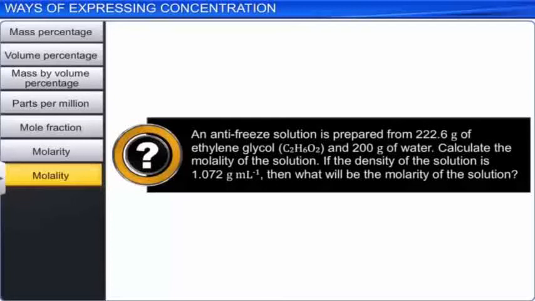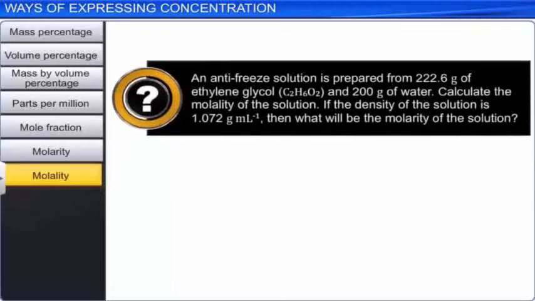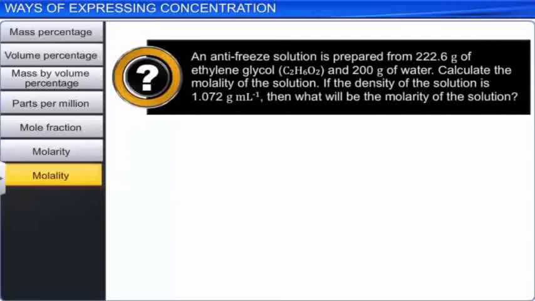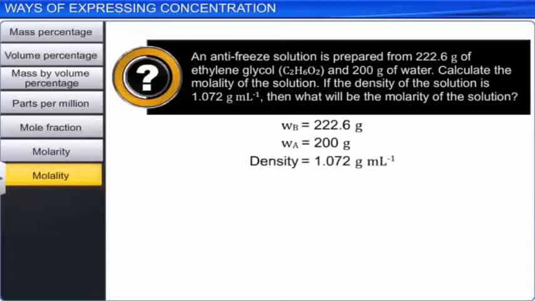The first step is to list the given variables. Wb is equal to 222.6 grams. Wa is equal to 200 grams. And the density of the solution is 1.072 grams per milliliter.